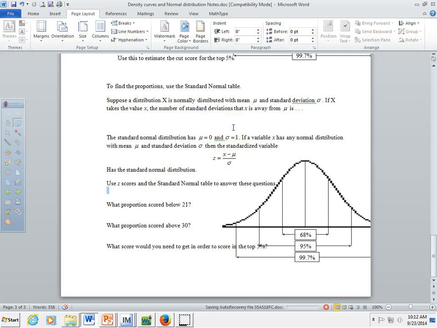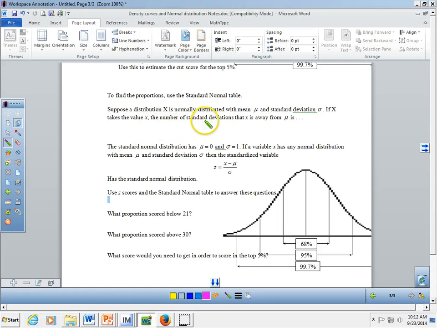If your distribution is normally distributed with a mean of mu and a standard deviation of sigma, and we have a particular value that is a number of standard deviations away, then we can take that value and convert it over to a z-score, which again tells us the number of standard deviations away from the mean. Like we just said, the standard normal distribution has a mean of 0 and a standard deviation of 1. And when we convert to z-scores, there's our reminder of our calculation, right? It's the actual value minus the mean divided by the standard deviation.